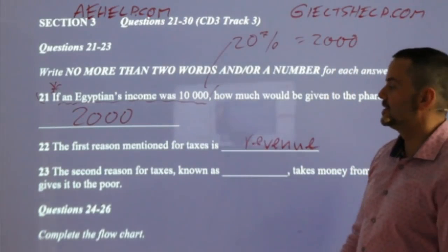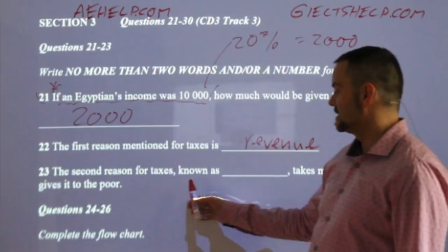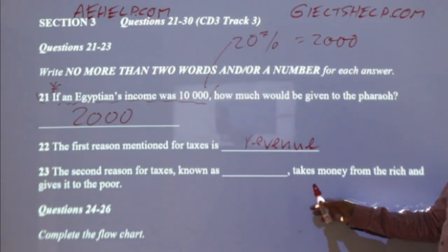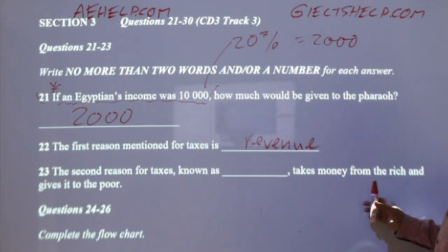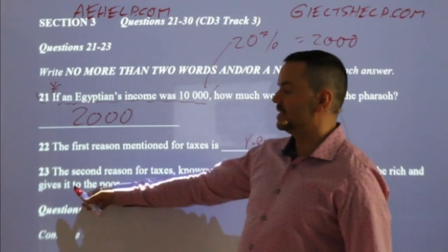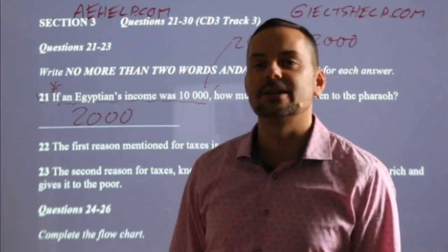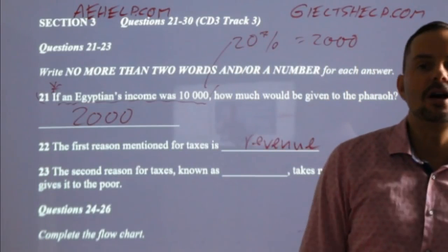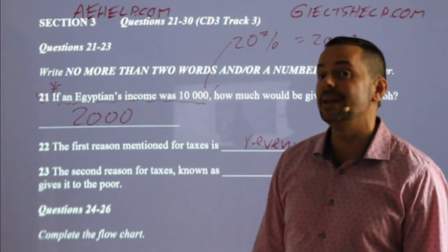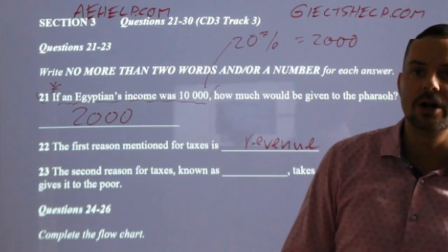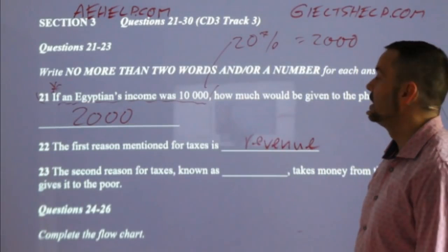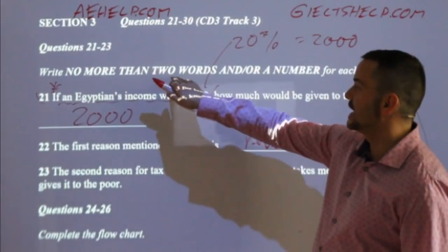Okay, the second reason for taxes is known as what? It takes money from the rich and gives it to the poor. So what is the second one? Nurlan, that is the right idea. You just spelt it wrong. Remember, Amiel, it is 2 words and or a number.